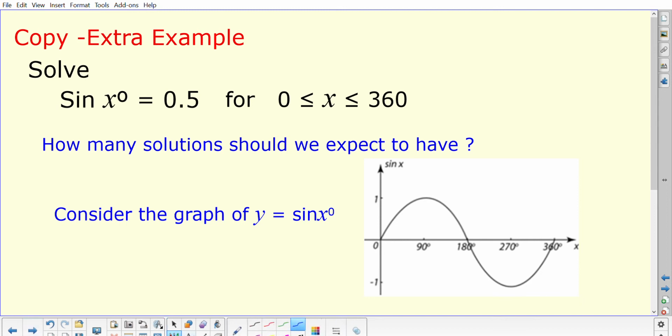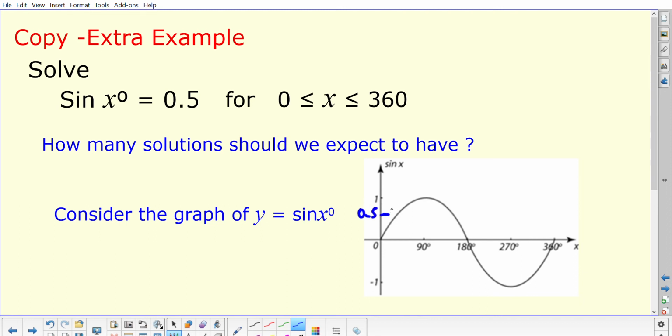So this first bit, if you were trying to solve sine of what angle equals 0.5 for angles of x between 0 and 360. Now we know what the sine graph looks like. So if the sine is equal to 0.5, that's roughly about there.